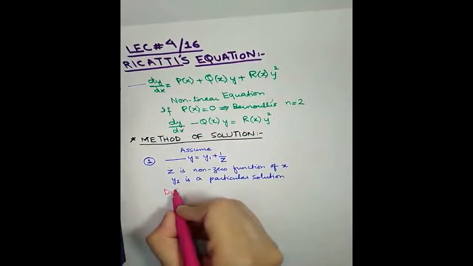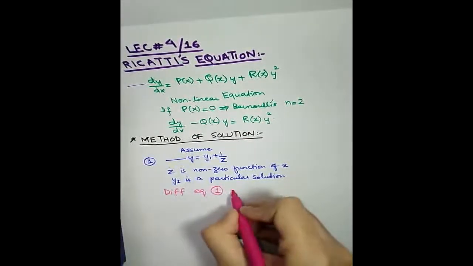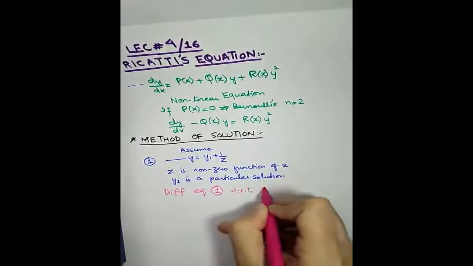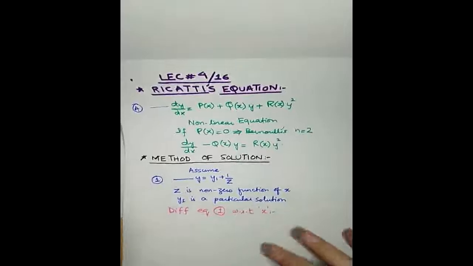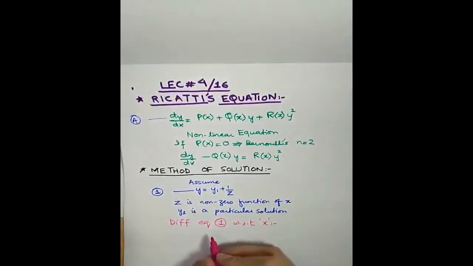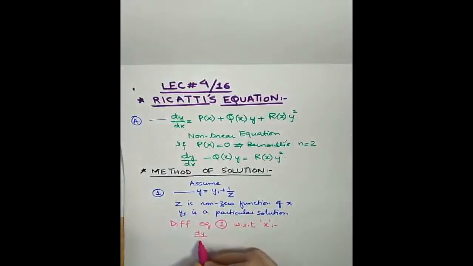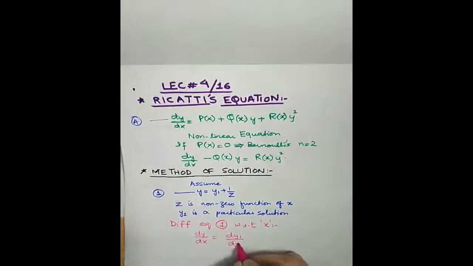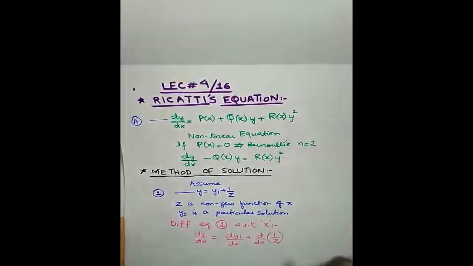I differentiate this equation 1 with respect to x on both sides, right? So it becomes dy by dx equals dy1 by dx plus d by dx of 1 by z.